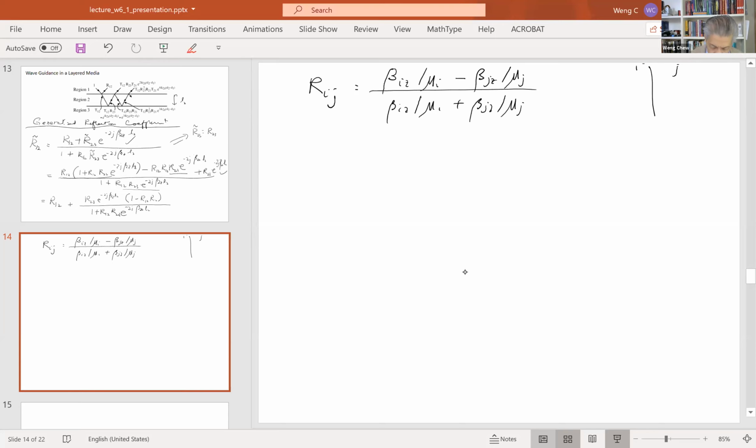This is the Fresnel reflection coefficient. And you can see quite easily that if I were to swap I and J, the reflection coefficient just changes sign.